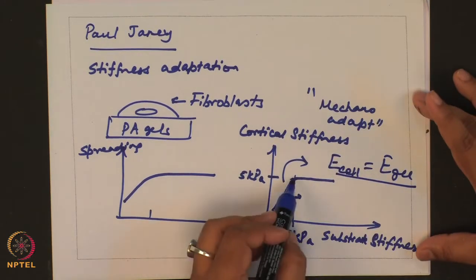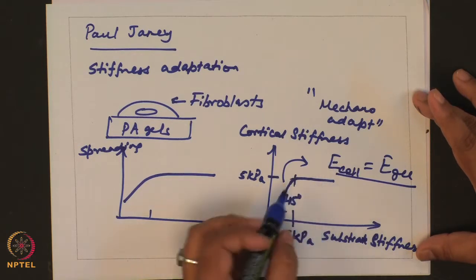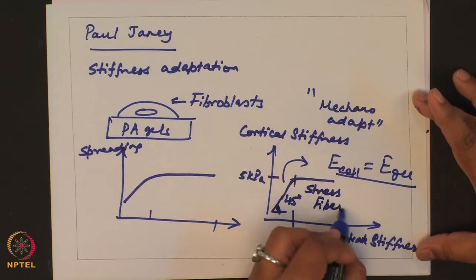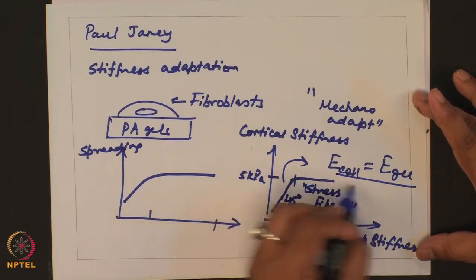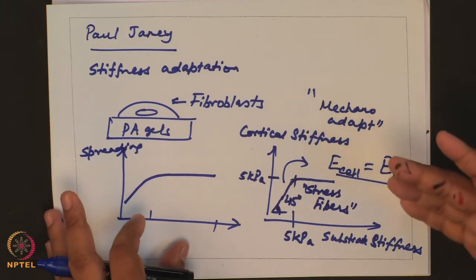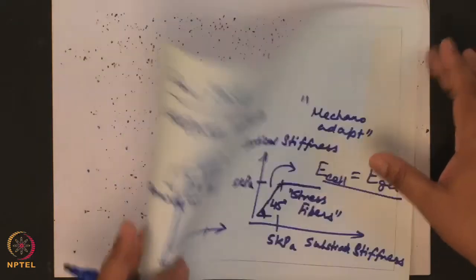And beyond 5 kPa, the cell stiffness did not change much, but stress fibers were only observed in this flat zone. So, this is one of the examples in which you can probe how cells mechanoadapt in response to substrate stiffness.